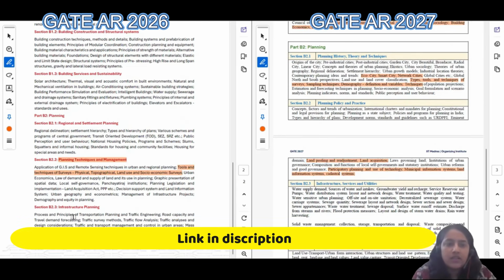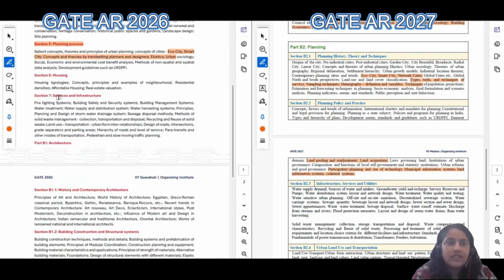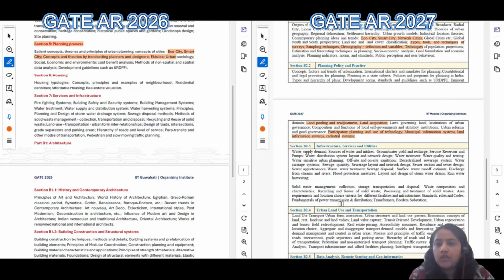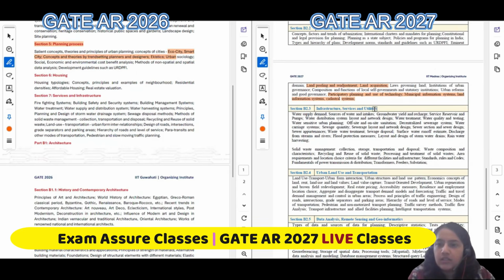Then coming to infrastructure planning. Now, if you see, earlier you had services and infrastructure in common section 7, right? So this services and infrastructure was more from your city level services and infrastructure. So now that again has been shifted to part B2 of planning as infrastructure services and utilities.